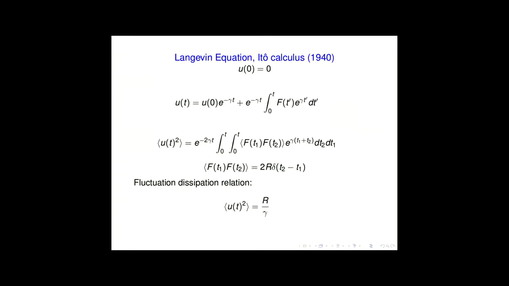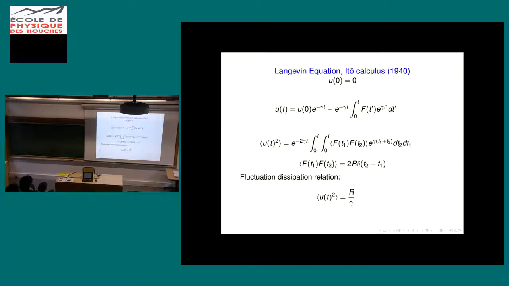It was done by Ito, and if you do this Ito calculus, then you can write the solutions very simply. So the velocity of the Brownian particle is just given by the initial velocity times an exponential function, plus an integral over the forcing, because it's just a linear equation.